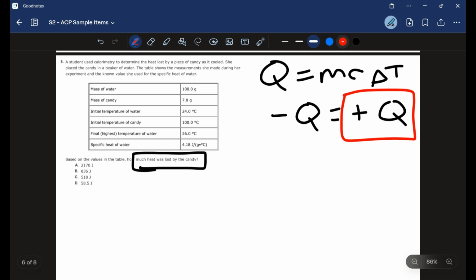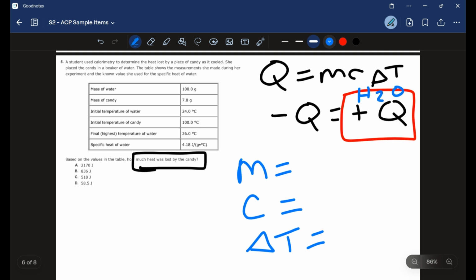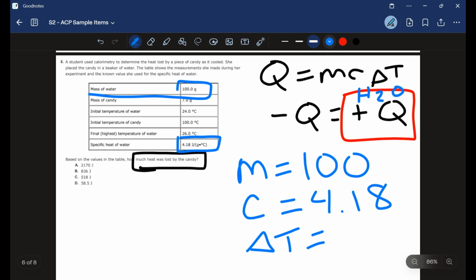So you're going to start by listing your variables. So you should have your M, your C, and your delta T. And we're doing this for our water. So the mass of the water is 100 grams. The specific heat of water is in the problem, but you should memorize it just in case they don't give it to you. That's 4.18. And then the change in temperature would be the final minus the initial. So for the water, it was initially at 24 degrees. The final temperature was at 26 degrees.